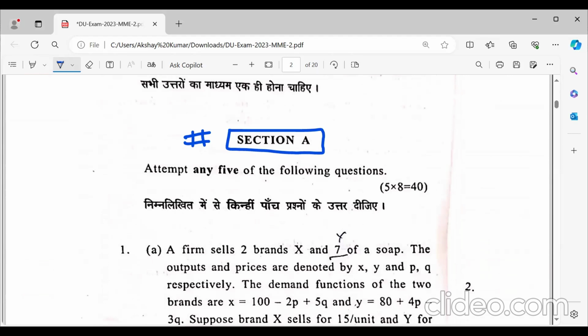Only 5 questions are to be attempted, so any 5 questions have to be attempted, and each question is for 8 marks. So section A in total is for 40 marks.